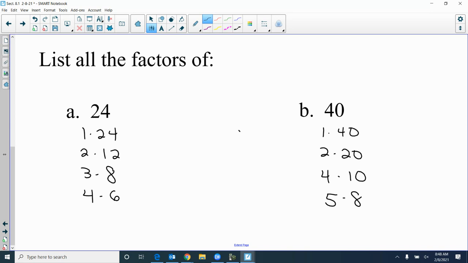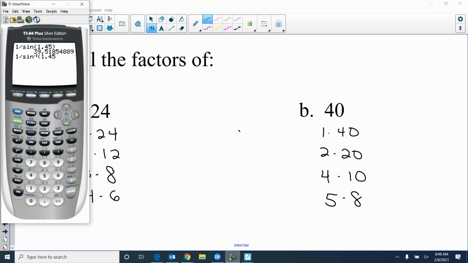Now, if you have a number and you're not sure, so maybe you know 3 doesn't work, but if you're not sure, you take 40 divided by 3, and it gives you a decimal. If I think 2 works, but I can't remember exactly what number it is, I do 40 divided by 2. So that means 2 times 20 is 40. And then 40 divided by 5 is 8.